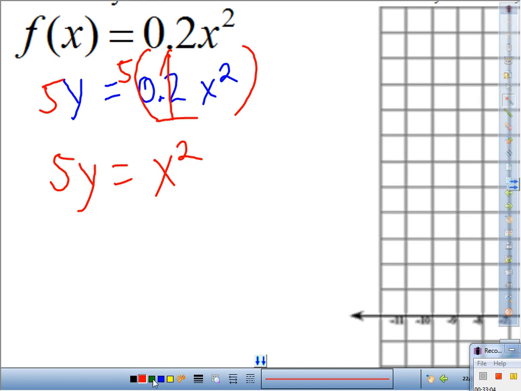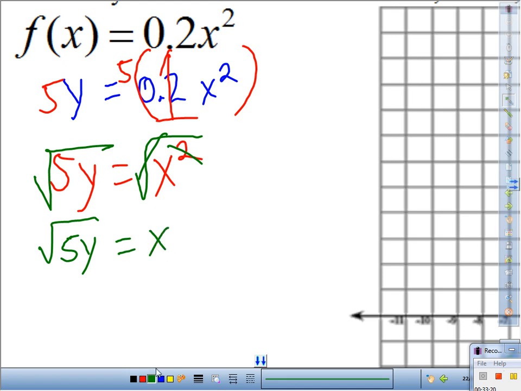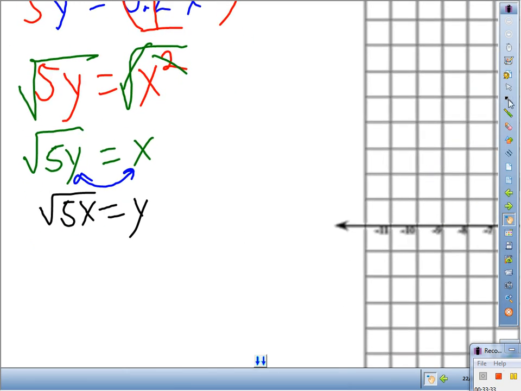And the rest is a piece of cake. What do we do next? How do we cancel the square? Square root. This cancels that. We're left with square root of 5y equals x. What do we do next? Exchange the variables. So we end up with square root of 5x equals y. Can we do it like that?